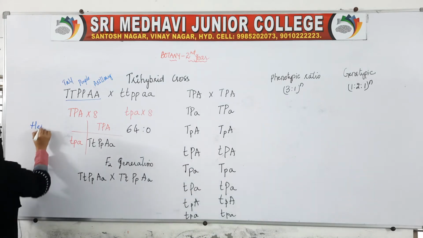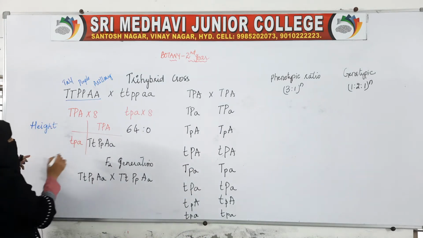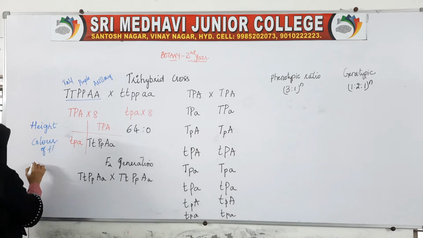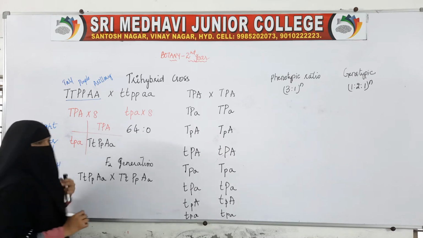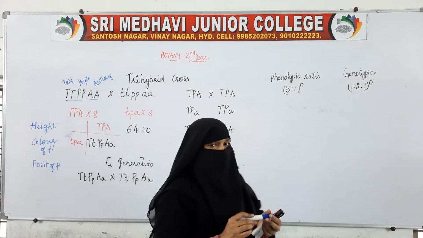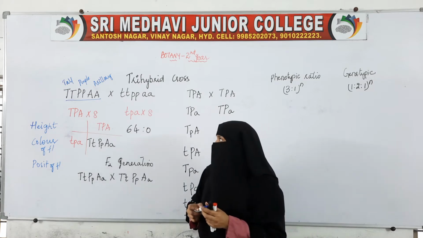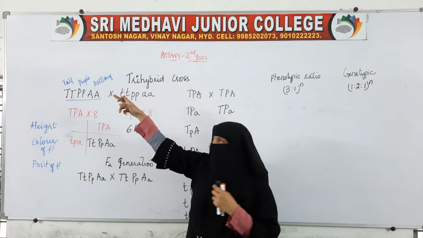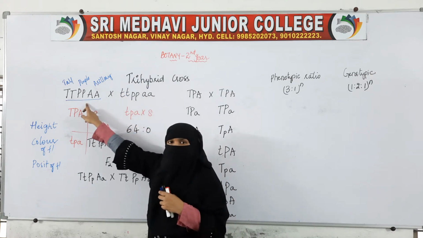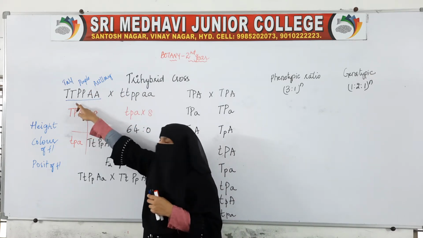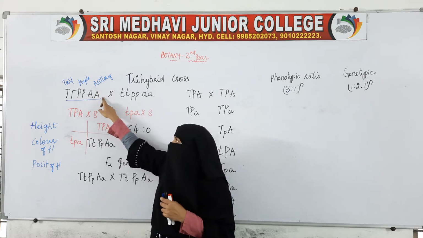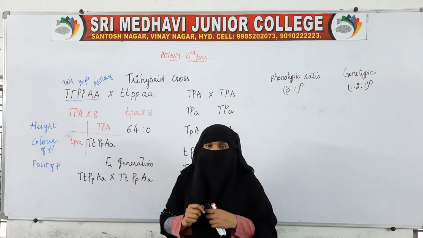One is height of the plant, another is color of the flower, and the third is position of the flower. Here the axillary position is the dominant one. In this plant we have three characters: the plant is tall, the color of the flower is purple, and the position of the flower is axillary.